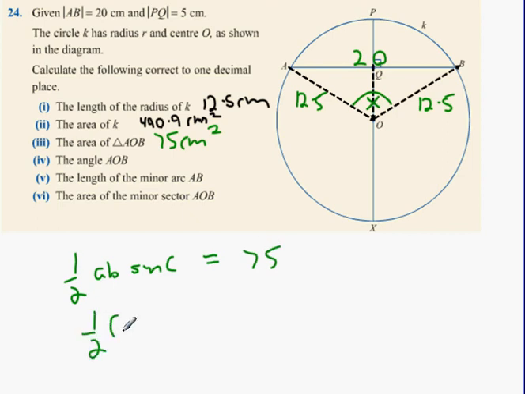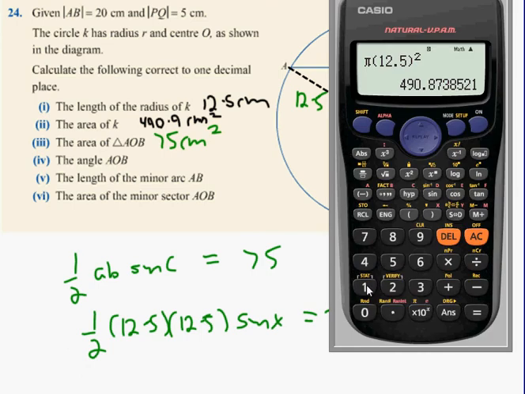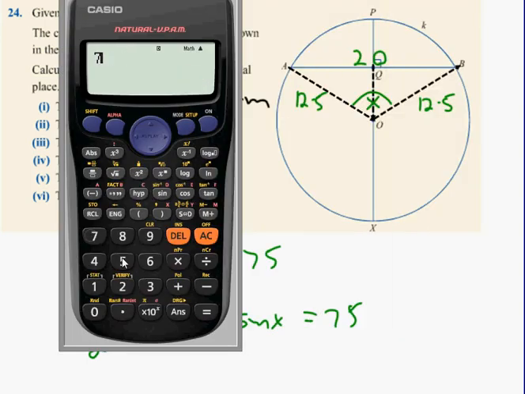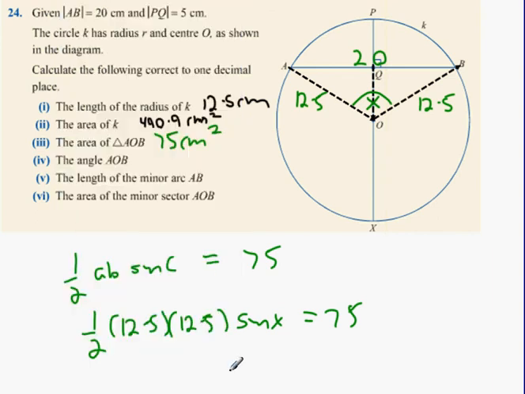Therefore a half times 12.5 multiplied by 12.5 sine x equals 75. So just half of 12.5 squared, and this answer gets divided into 75. So sine x equals 24 over 25.